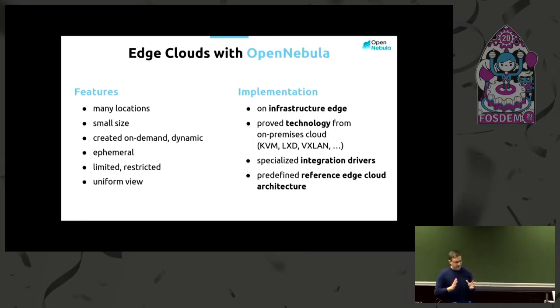Our aim is to take the technology we are using for the on-premises cloud, KVM, LXD, VXLANs, and all these building parts, and just move it to the edge cloud. Of course, with the help of some specialized drivers and in a form designed to run in the edge cloud.